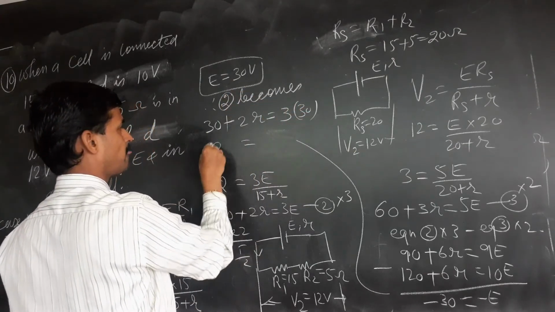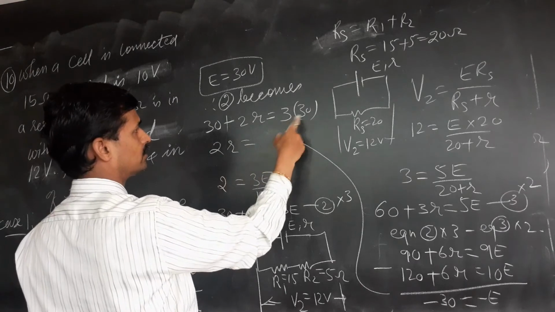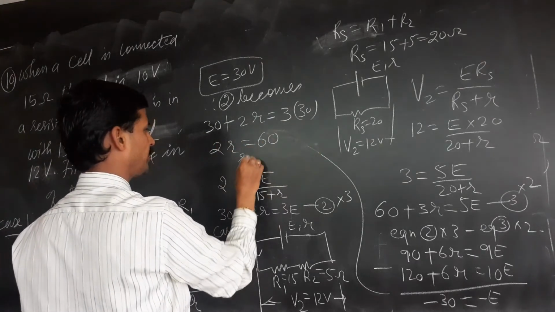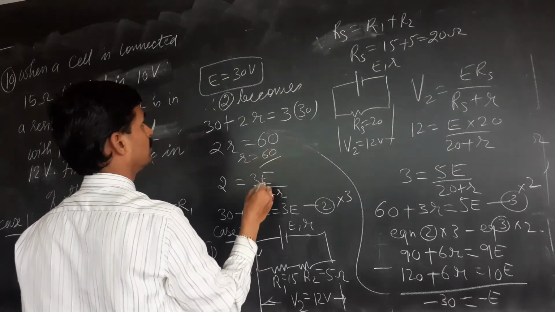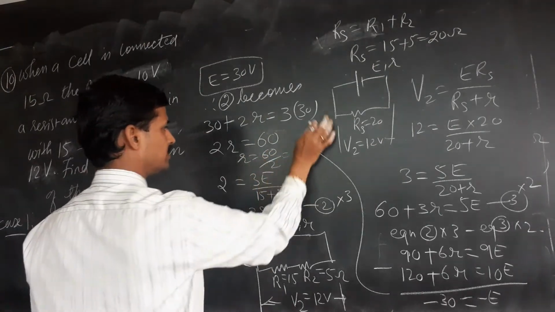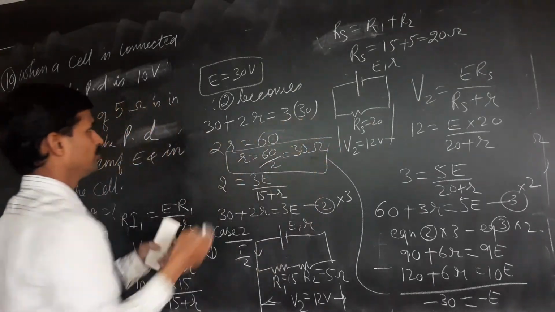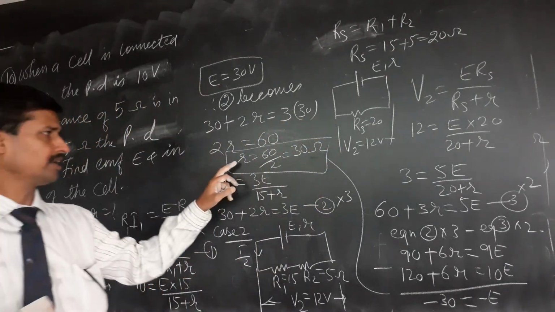So that will become 2r is equal to 30 into 3 is 90. 90 minus 30 is how much? 60. Implies r is equal to 60 by 2, that is 30 ohm. So EMF is 30 volt, internal resistance is 30 ohm.